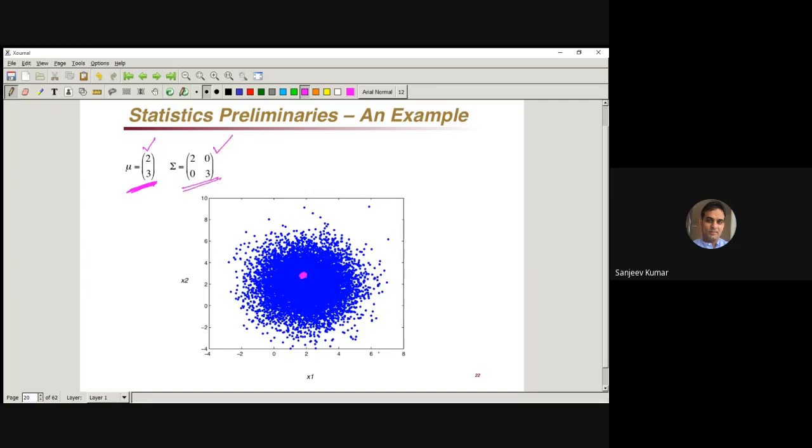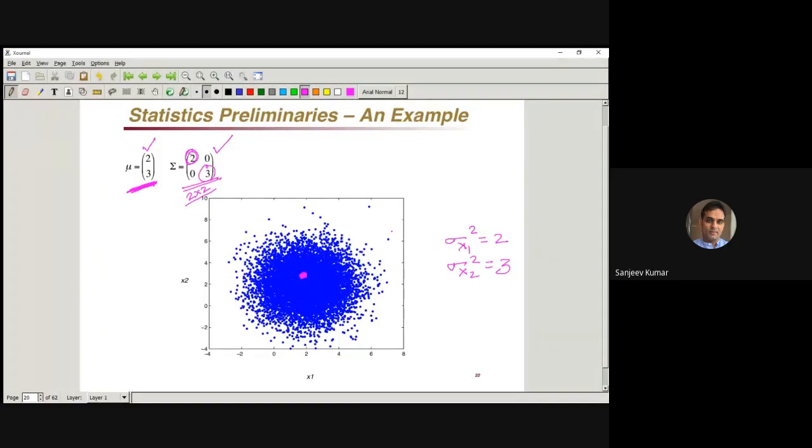It is a 2-dimensional data, so I am having a 2 by 2 matrix. What is this 2? 2 is sigma x1 square, meaning the variance of the x1 components of all those points. And 3 is sigma x2 square, meaning the variance of the y components of all those points.